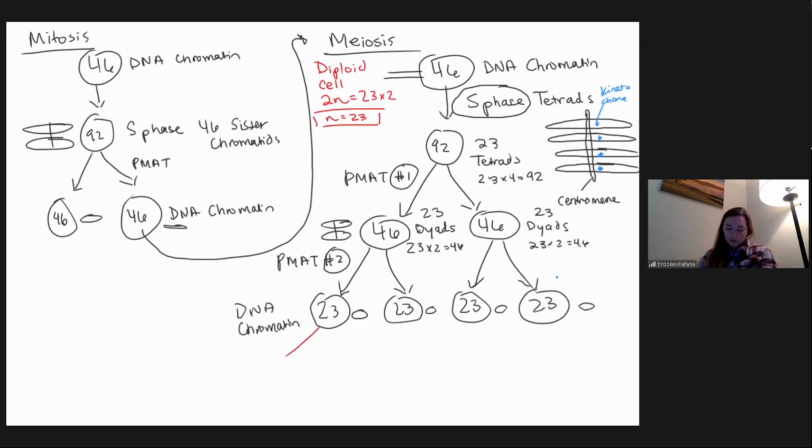Each of these would be a haploid sex cell, N, which equals 23, right? So we have the haploid and the diploid. Diploid would be the starting cell, and haploid is the ending cell.